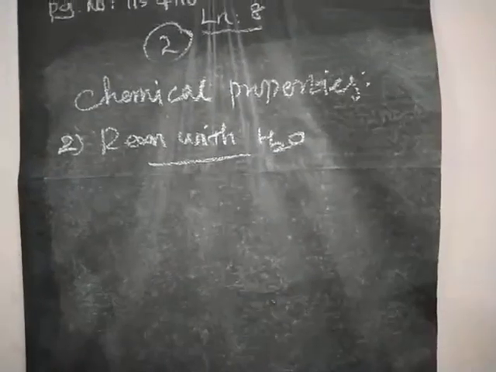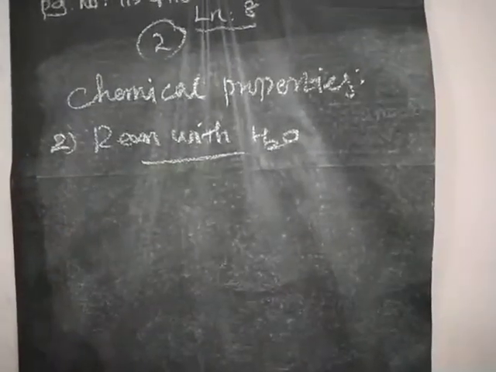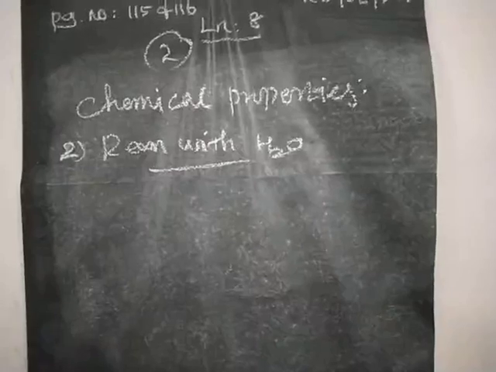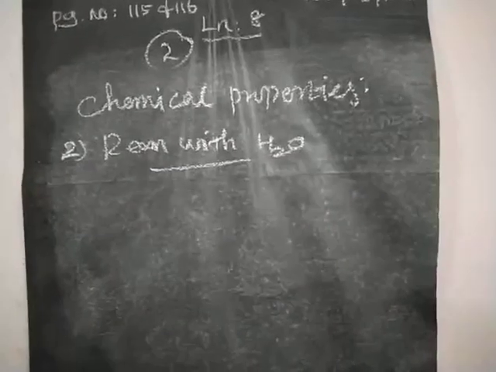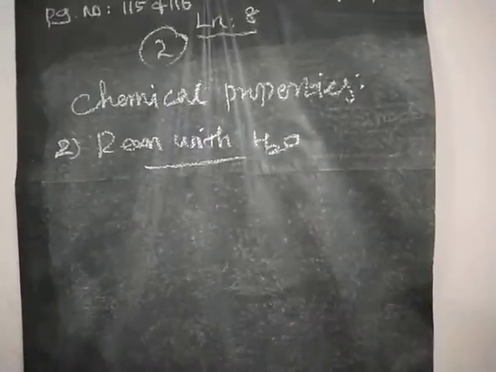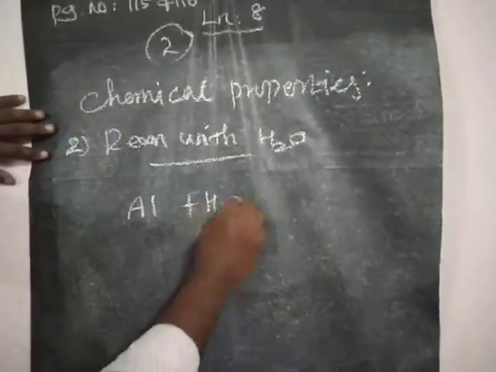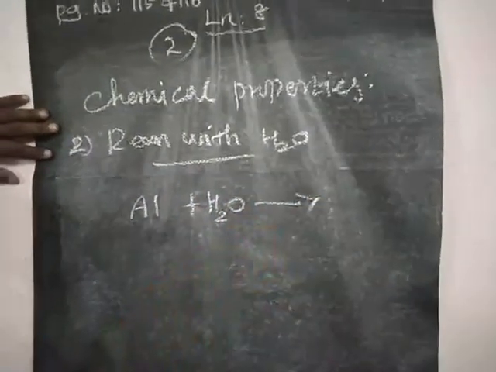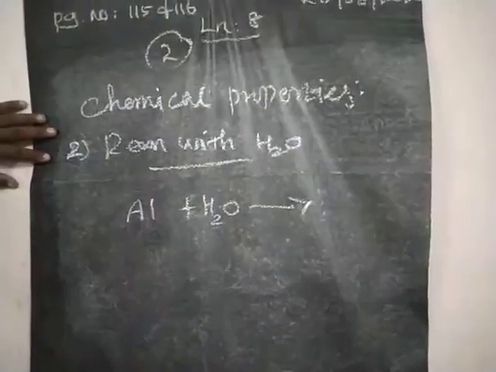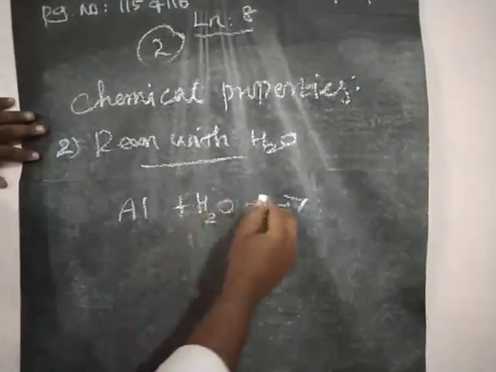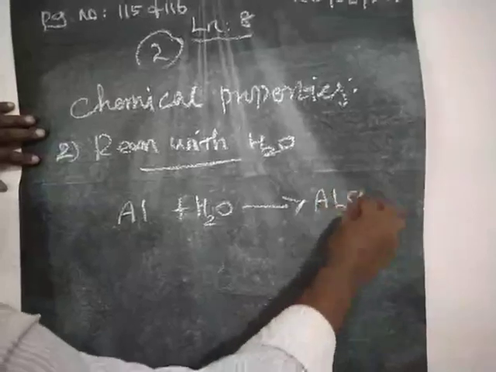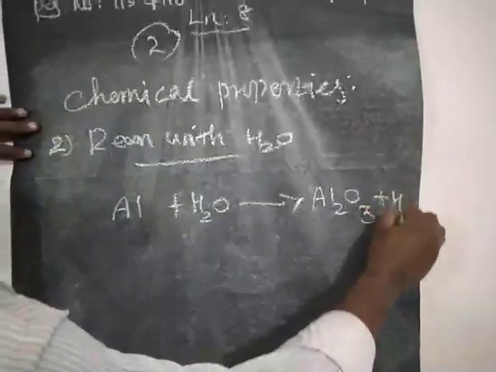When we pass steam over red hot aluminium, hydrogen gas is liberated. So aluminium reacts with the steam to liberate aluminium oxide plus hydrogen gas.